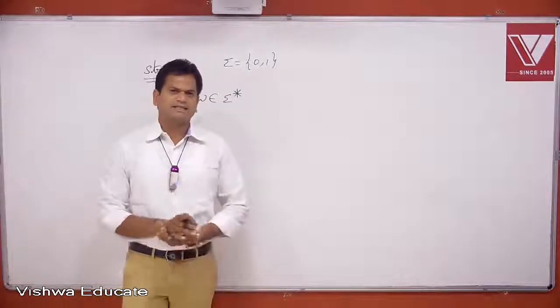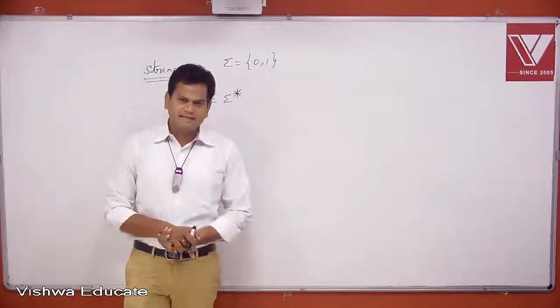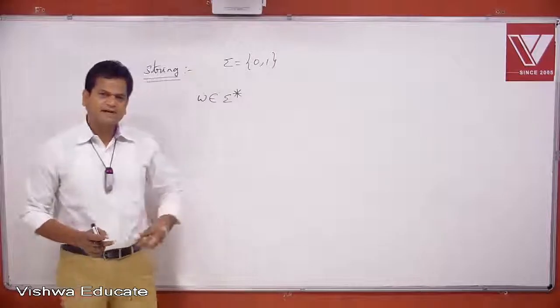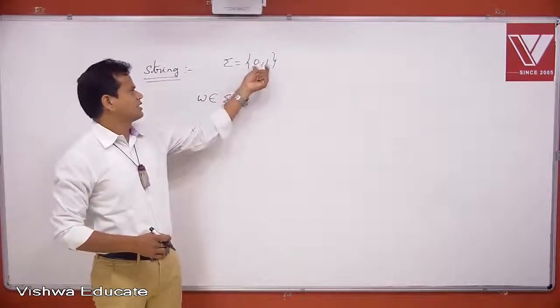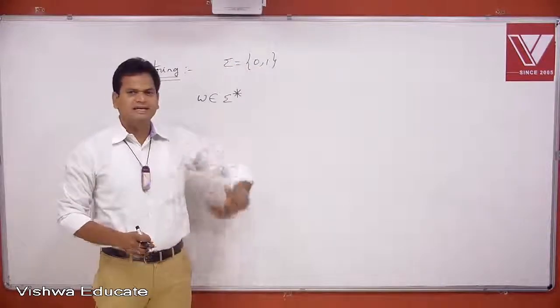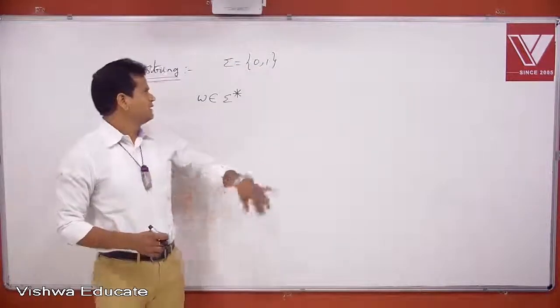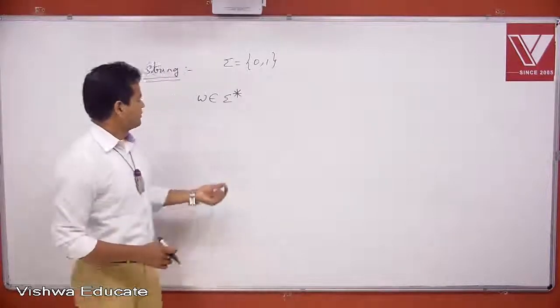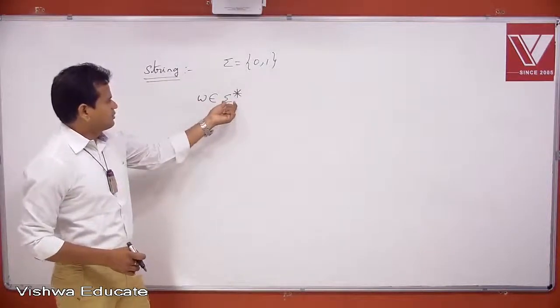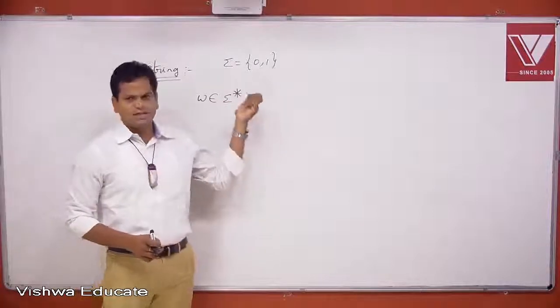So what is the exact definition of a string? A string is any finite combination over input alphabet sigma. Okay, so you can take length 0, or length 1, length 2, length 3.